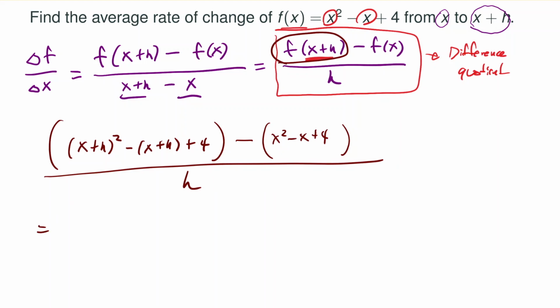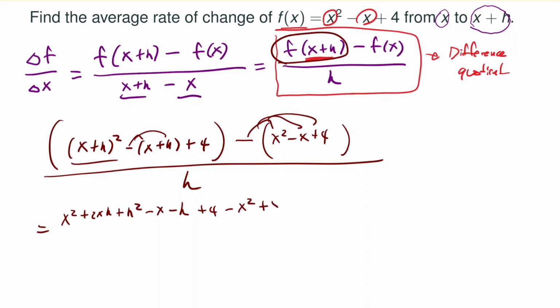We multiply these out. We get x squared plus 2xh plus h squared. Distribute the h, negative: minus x minus h plus 4. Distribute the minus sign here: minus x squared plus x minus 4, over h.